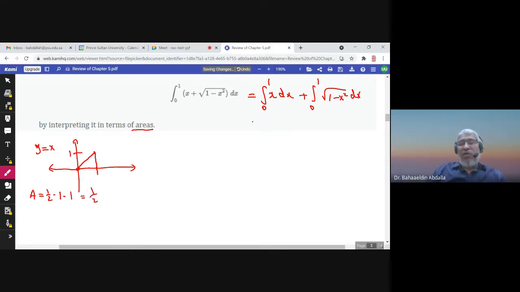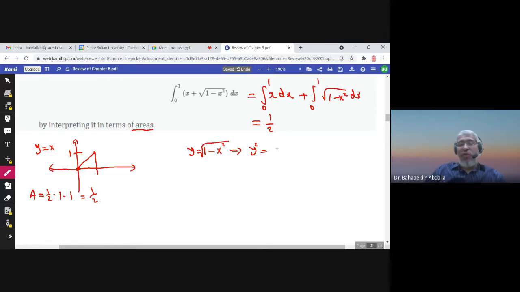So actually this integral is half, by using the area or geometry. Now this function, I have y equals the square root of 1 minus x squared. And we know that if you square both sides, there is a square root here.